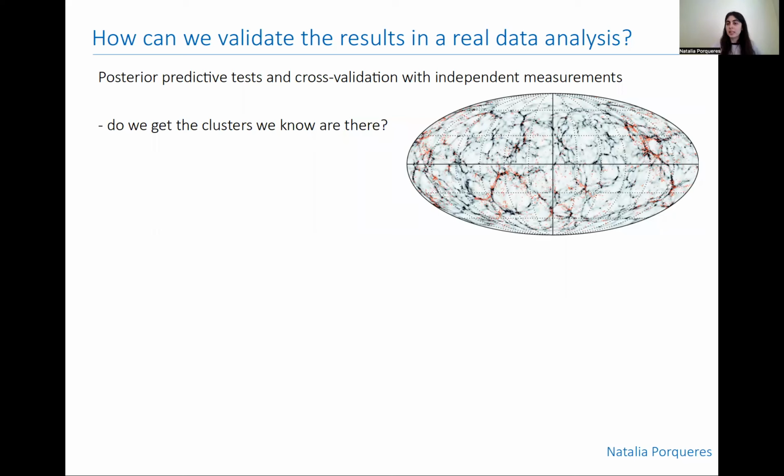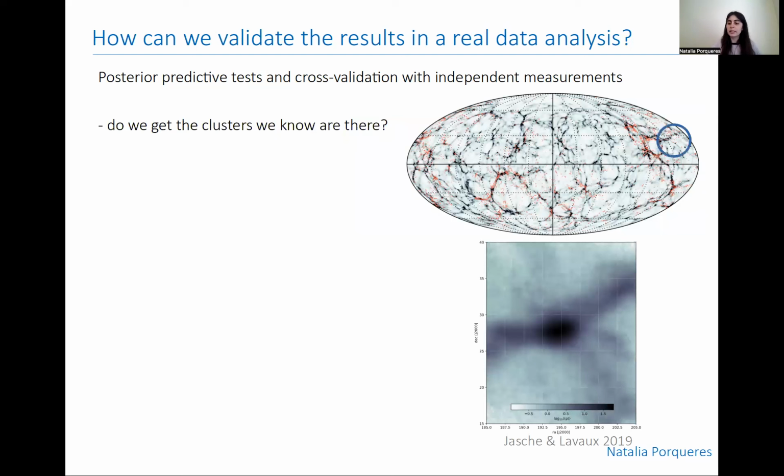In this case, we knew that the Coma cluster should be in this area. So we zoom in here and we found the Coma cluster with a number of filaments that were expected for this cluster. So here there was no prior or additional information for the position of the Coma cluster. This is directly inferred from the data.